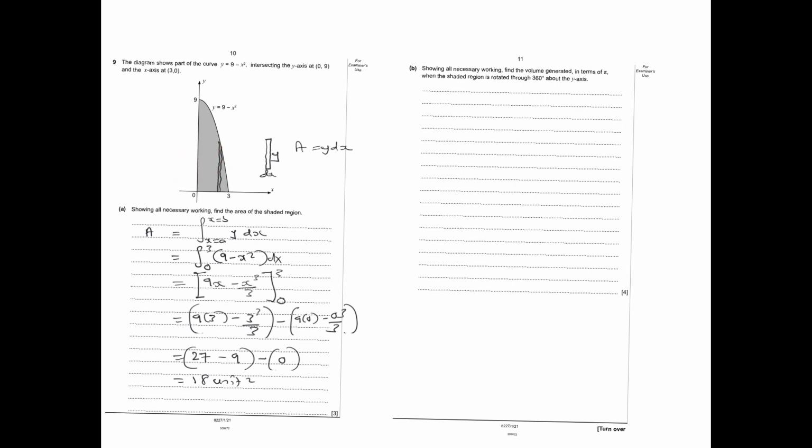Now the formula for volume generated around the y-axis is pi times the integral from the lower limit y is equal to a to y is equal to b of x squared dy. That is actually the formula.